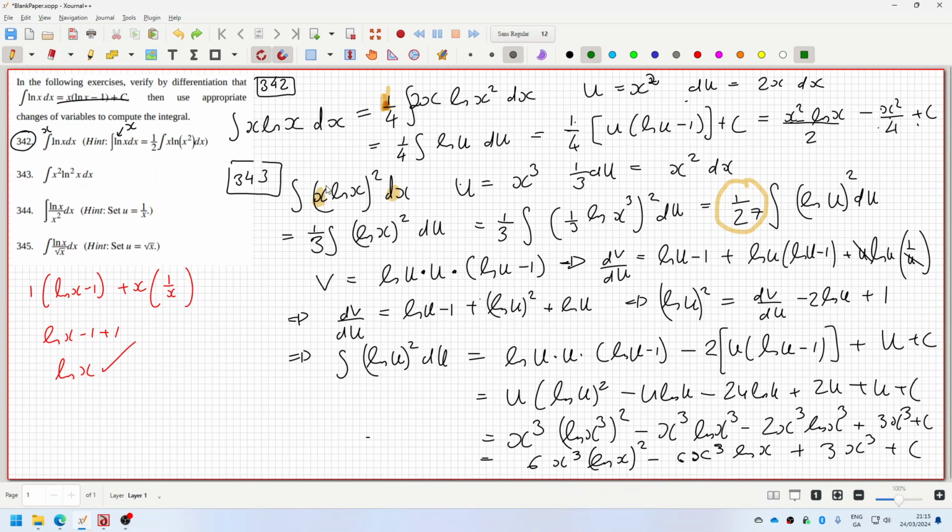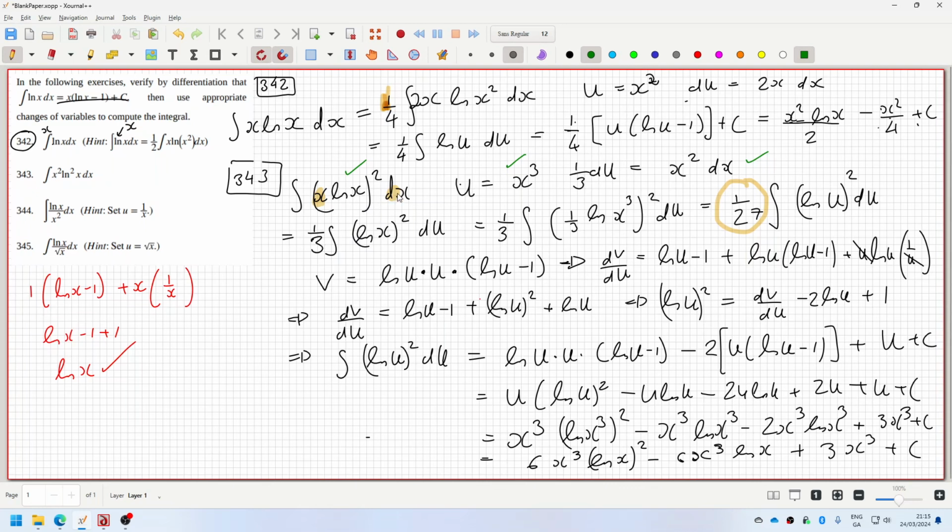Okay, integration x log x cubed squared. So we'll say u equals x cubed. So that means 1/3. Okay, that looks right. So now onto this line.